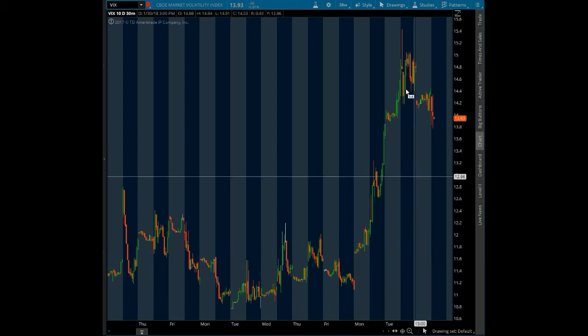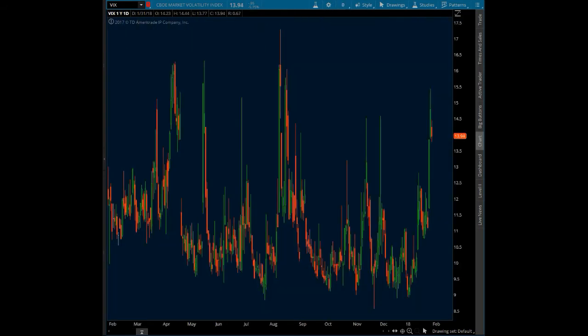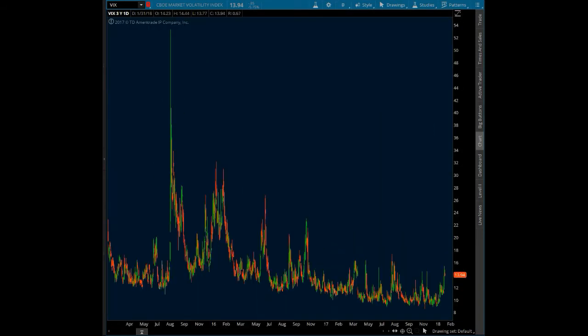Well, you can see right now that we are at a fairly high level, at least historically. Let me go a little bit longer here. You can see that historically this is a pretty high level.